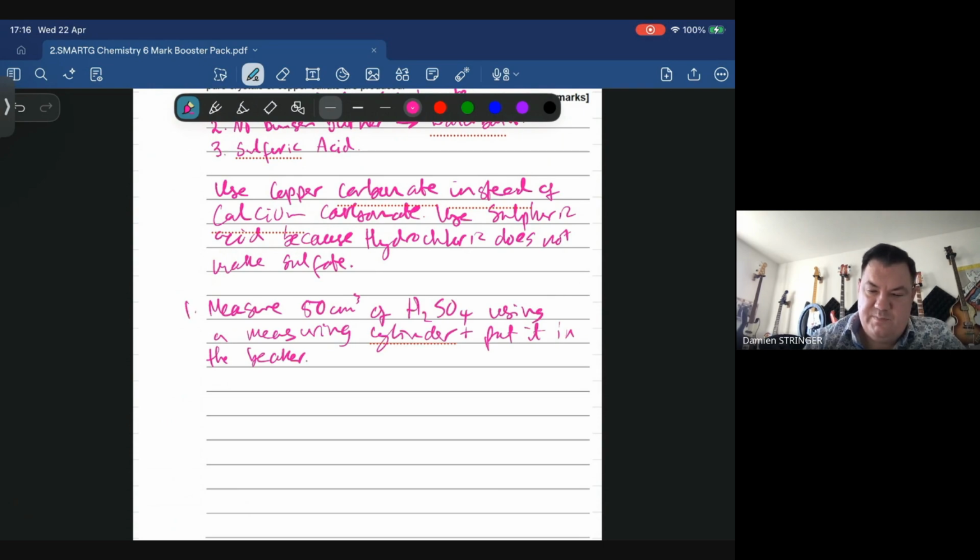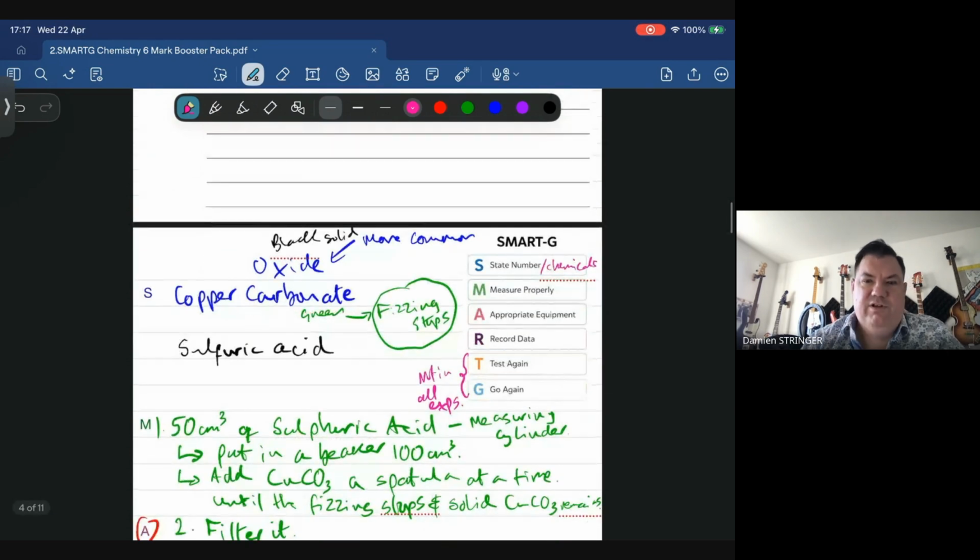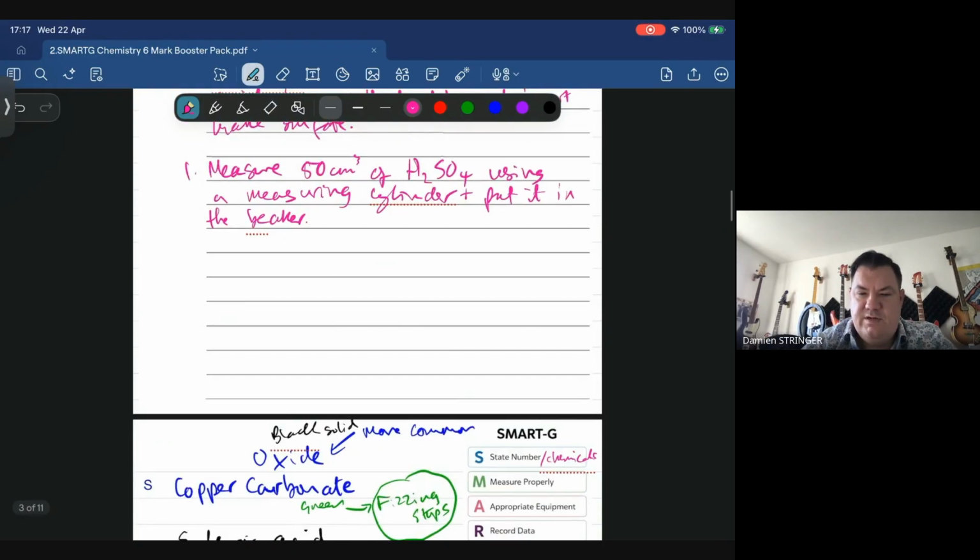Obviously, you don't scroll in an exam, but you would write this on the blank pages at the back. So measure it out, put it in the beaker.